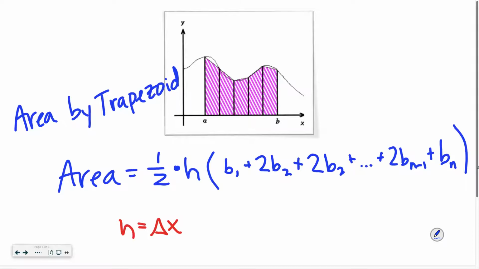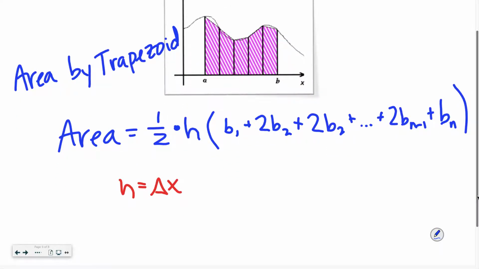How do we calculate our bases? F of x, whatever that may be. Okay? The bases are our function values. It's the y value.